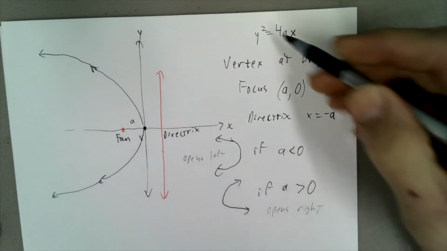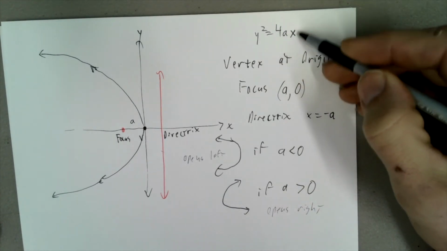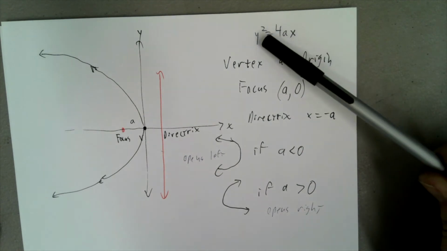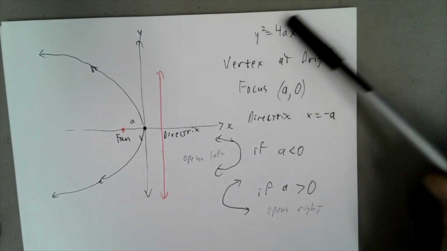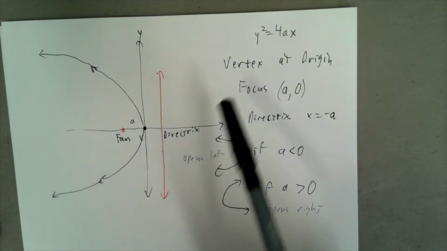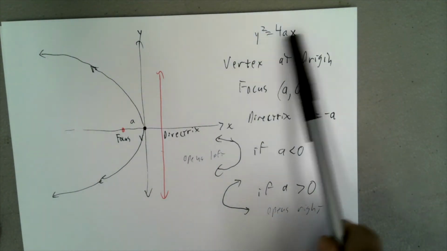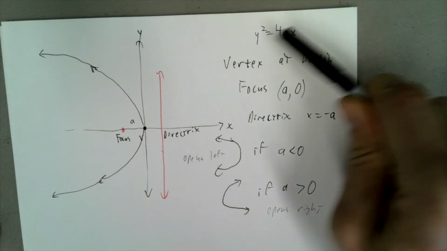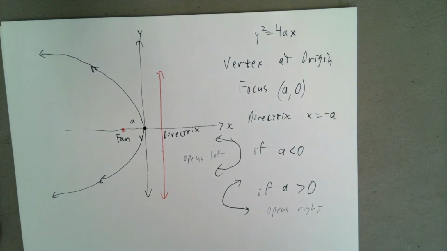If a is greater than 0, if you have a positive there, then x also has to be positive to come out to a perfect square. So that works out okay. We can go from the equation, rearrange it into this form, and tell what a is. And if there isn't any other terms, then this will go through the origin. They're both 0 at the same time. It goes through 0, 0. So if there isn't any other terms in this, then we have a parabola at the origin.